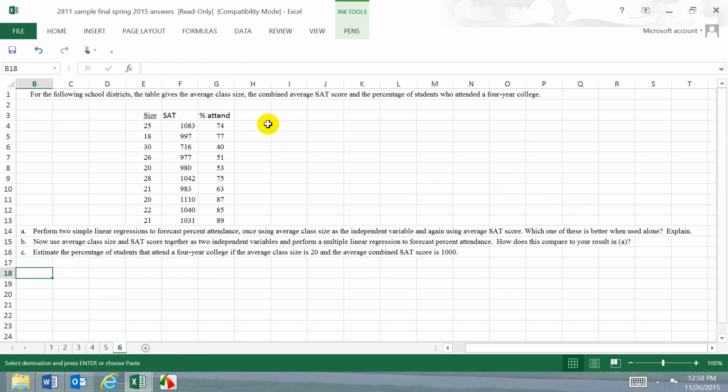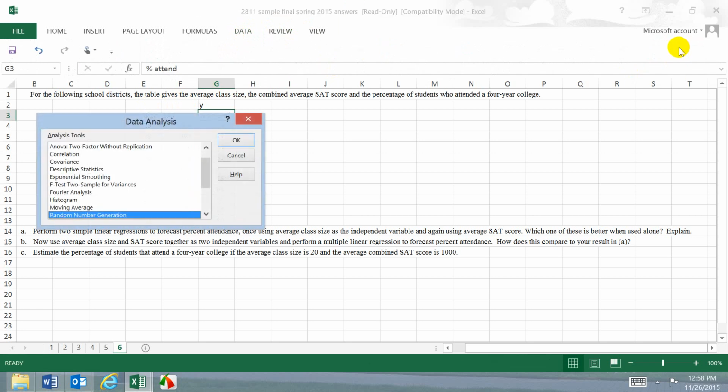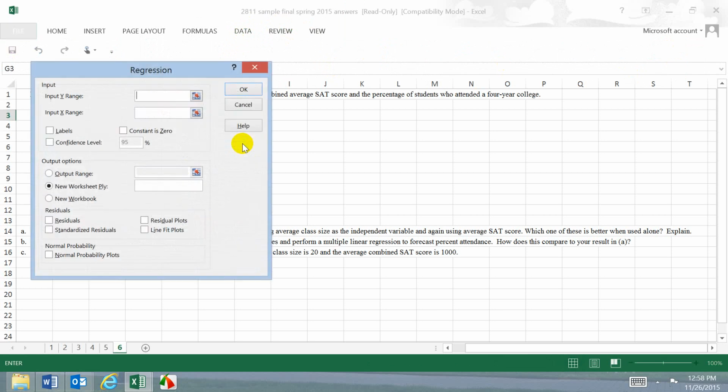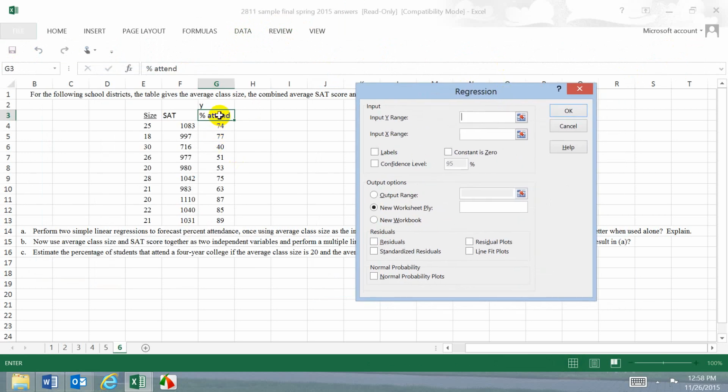Again, the dependent variable in each case, the Y variable, and we're going to try size as an independent variable X, and we're going to try SAT score as an independent variable X. So data analysis, and regression. The Y range, that's easy.